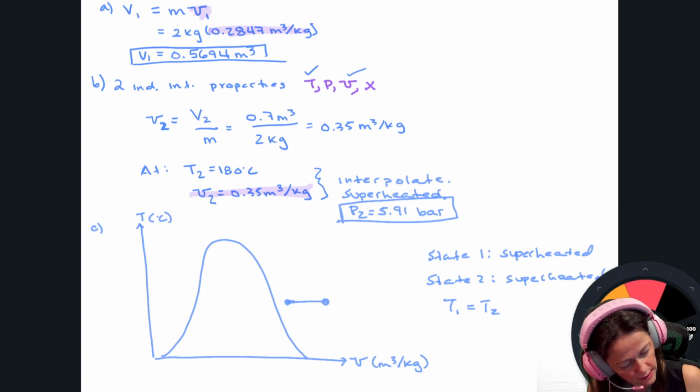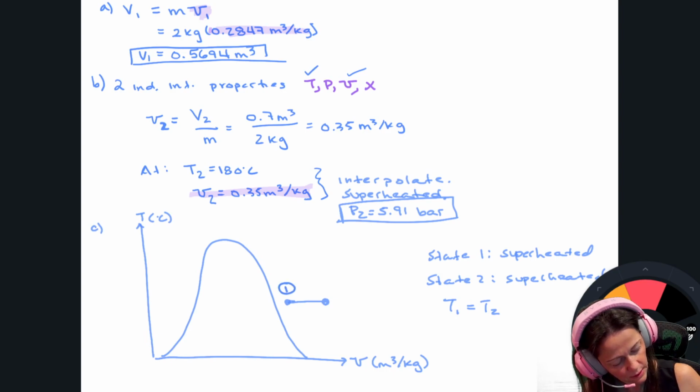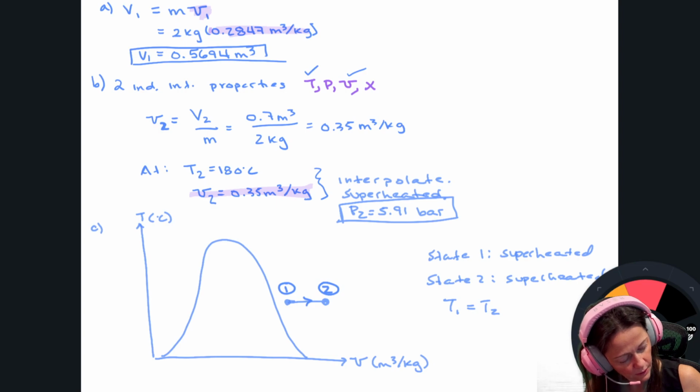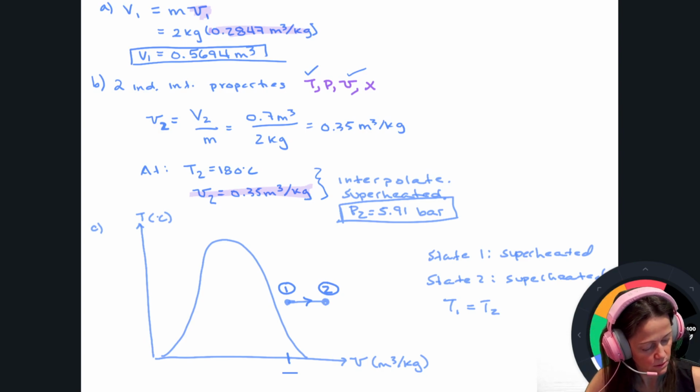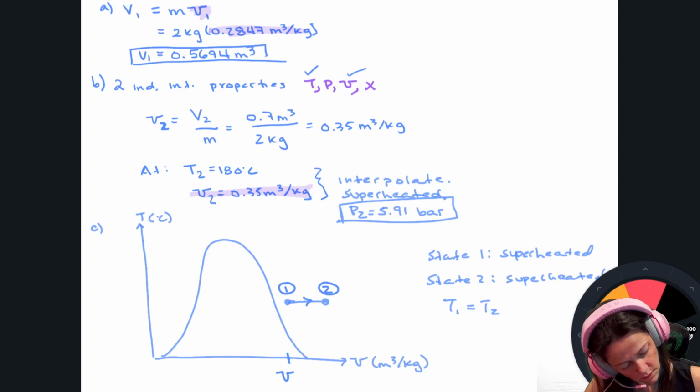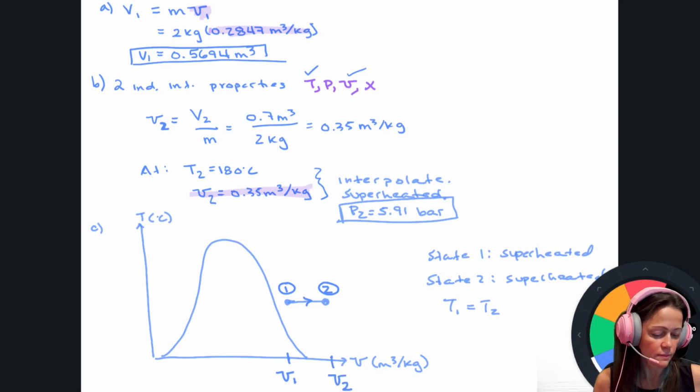So V1 is the smaller one, so that's going to be this one. There's 2. Okay. So there's a V1. There's a V2. All right.